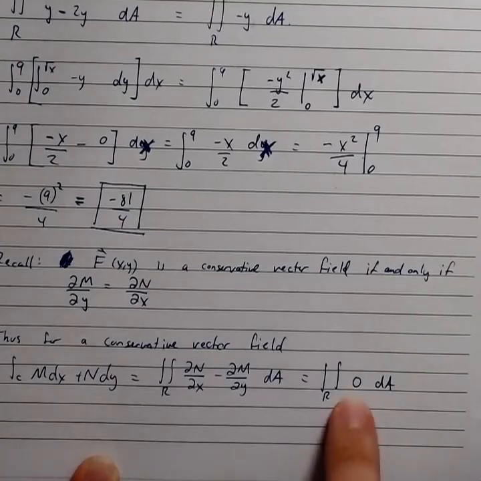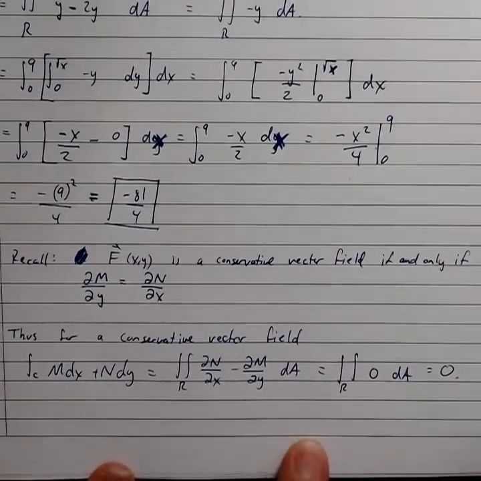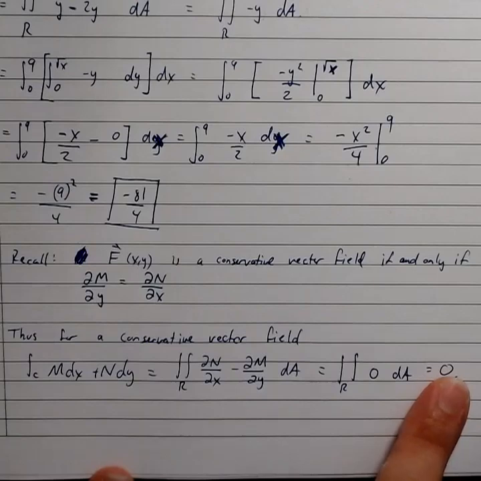And if you integrate 0, you're just going to get 0. So for a conservative vector field, this line integral is 0.